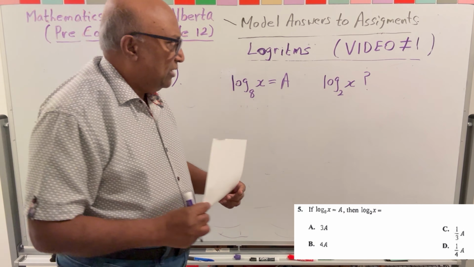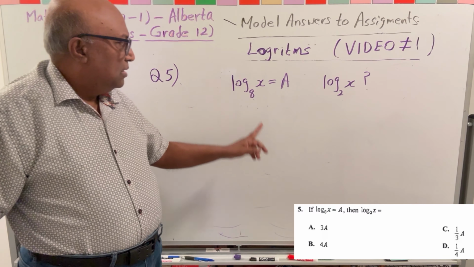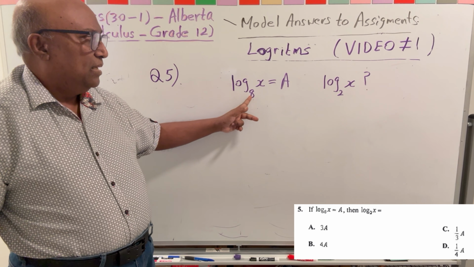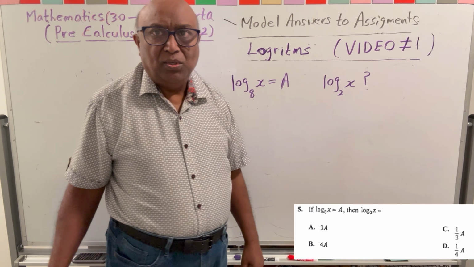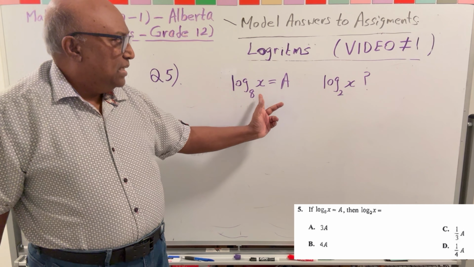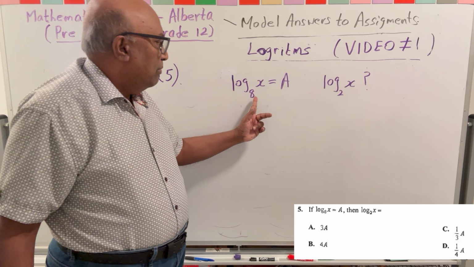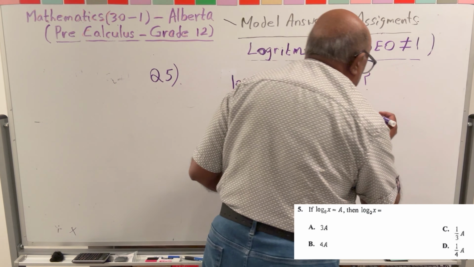In order to proceed with this, how do you proceed? What is the base of this original equation? 8. The base of the function we are looking for is 2. Based on this information, it is obvious that the base has been changed. Now we have to apply the change of base rule.